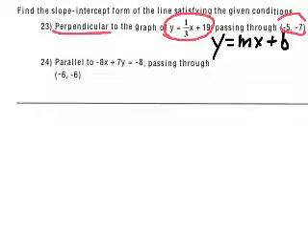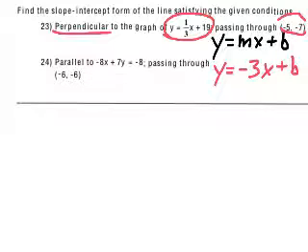So the slope for our new equation has to be negative 3. So our new equation is going to be y equals negative 3x, but we don't know what the b is. It's got to be a different intercept than this one.